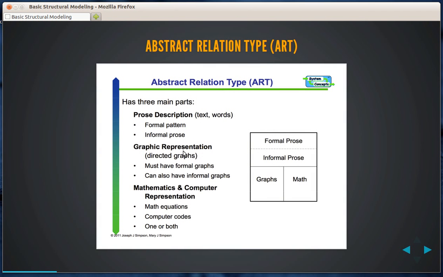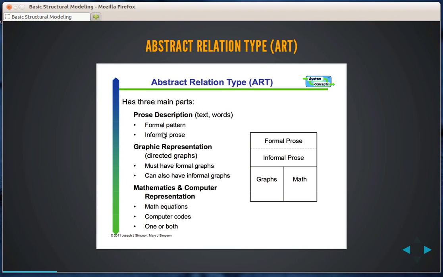So an abstract relation type really has three types. It has prose, which is text and words, it has graphic representation, and it has mathematics and computer representation. So what we've seen with the value spaces and outcome spaces and so forth are down in the mathematics and graphic representation area.